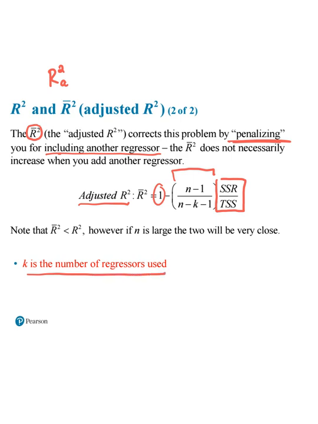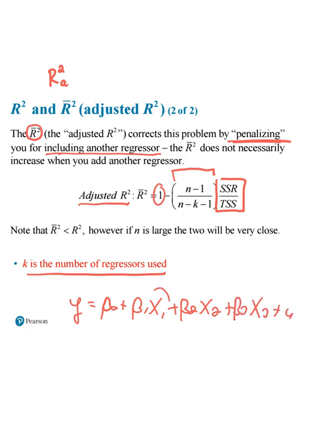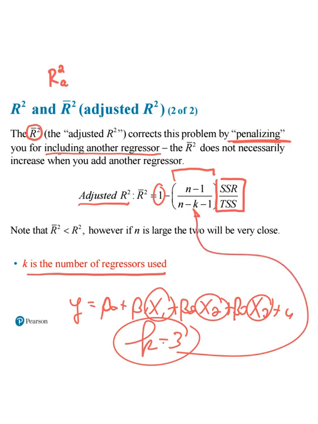So if we have, let's say, y equals beta naught plus beta 1 x1 plus beta 2 x2 plus beta 3 x3 plus the error term, then we have 1, 2, 3 regressors, k is equal to 3. And we would plug that in right here.